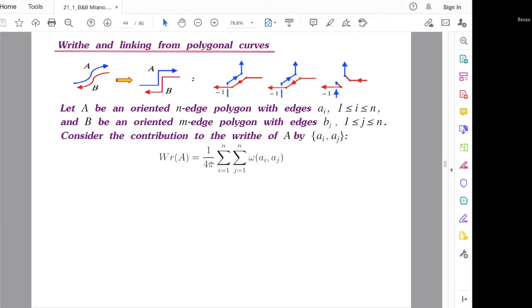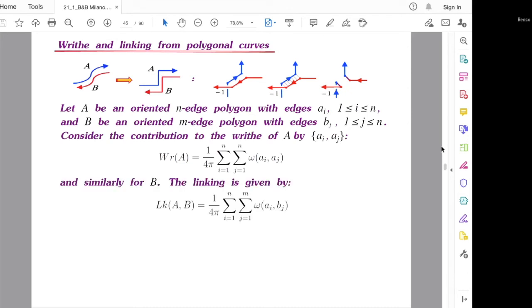Then the writhe can be constructed from the spherical area interpretation of the writhe as the double sums of these spherical surfaces contributions, and the linking as well admits this interpretation. This is very well known.